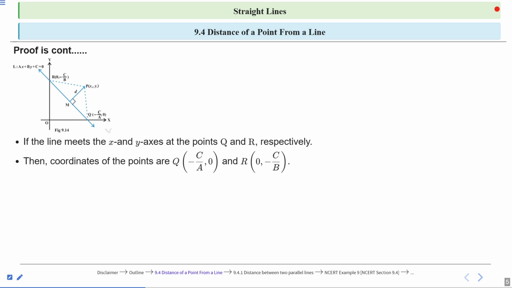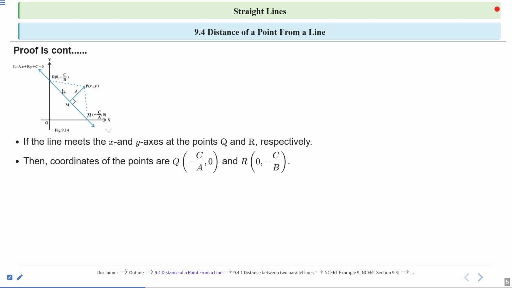The coordinates of the point Q are (-c/a, 0). How do we get it? The equation of the line is ax + by + c = 0. On the x-axis, the y coordinate is always 0. If we put y = 0 in the equation of the line L, we obtain ax + c = 0, and from here x = -c/a. Any point on the x-axis is of the form (x, 0), so the coordinates of Q are (-c/a, 0).